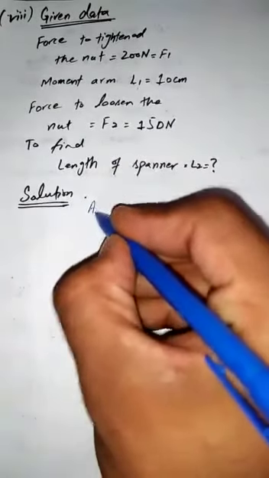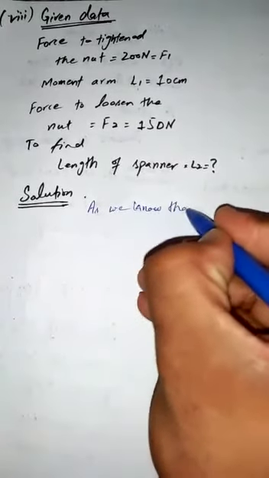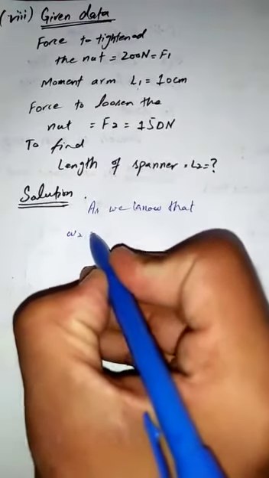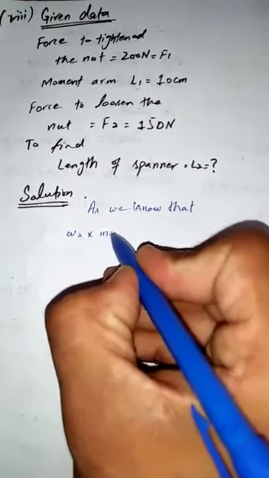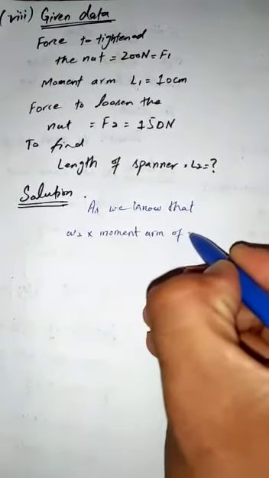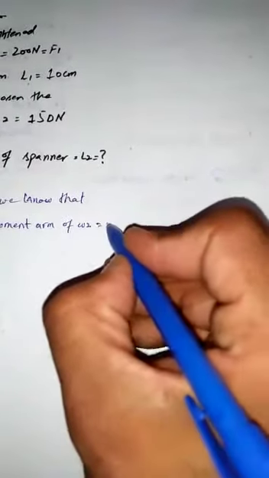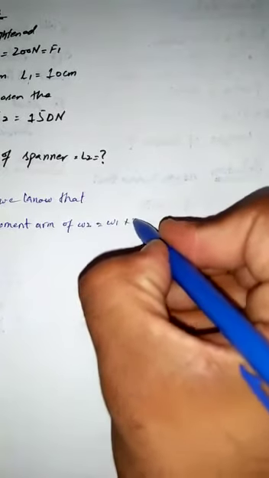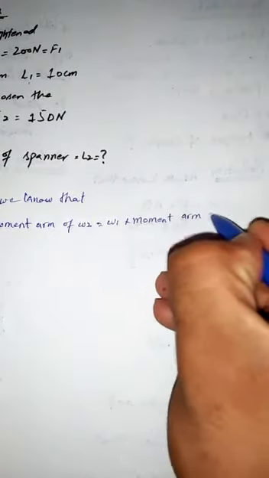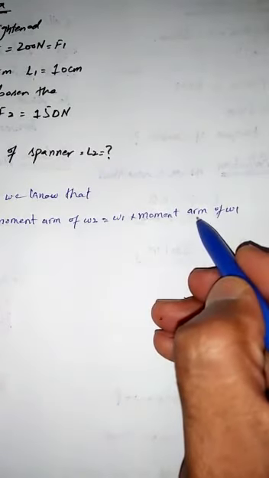As we know the principle of moments, we have a relation that W2 multiplied by the moment arm of W2 is equal to W1 multiplied by the moment arm of W1, and the moment arm is according to the length.